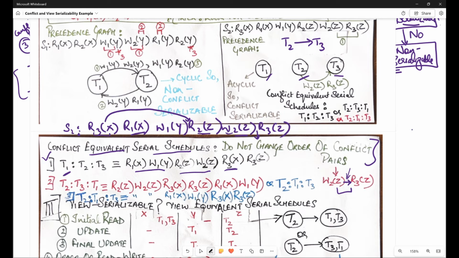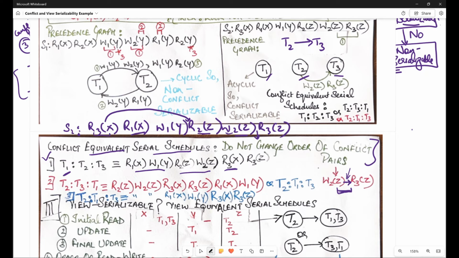Similarly, can we rearrange the items in this manner: T2, T3, T1? As you can see, I've rearranged it again. T1 is working with X and Y, whereas T2 is not working with X or Y, so there is no conflict here. I can easily move T2 to the front, and after T2 I have kept T3, which is this order only.